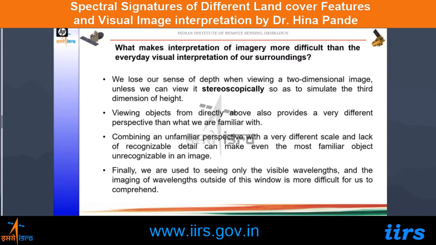So if it is an application which requires the interpreter to interpret features or see differences in terms of very similar characteristics, like say two vegetation species or two minerals, they will have similar characteristics. Therefore, a very fine spectral resolution will be required for the interpreter to be able to make a difference or to be able to identify them correctly using the image.